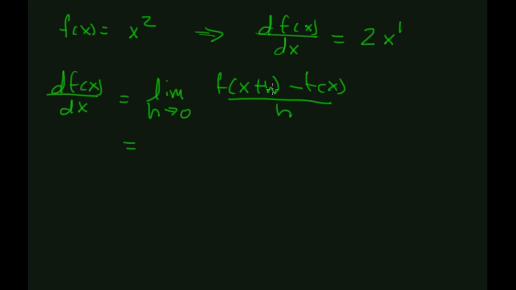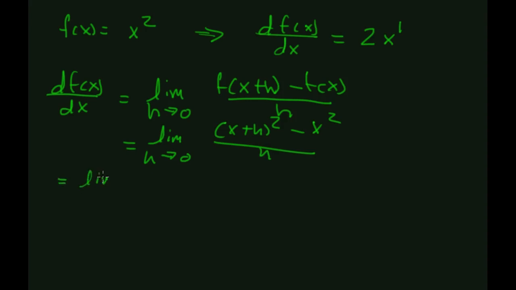So this is the limit as h approaches 0 of x plus h squared, because that would be f of x plus h, minus x squared, over h. What do we get here?